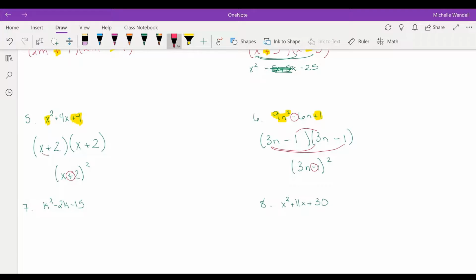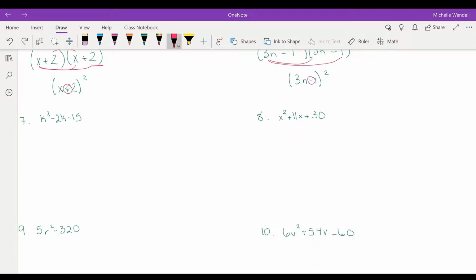And on 5, x times x is x squared. 2x plus 2x gives me that positive 4x. And so paying attention to that b value, whether it's positive or negative, will help you figure out in your factor whether you have a plus or a minus. That only works in this case because they are perfect squares.